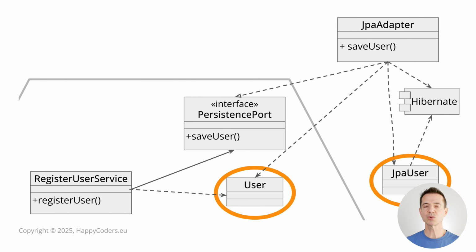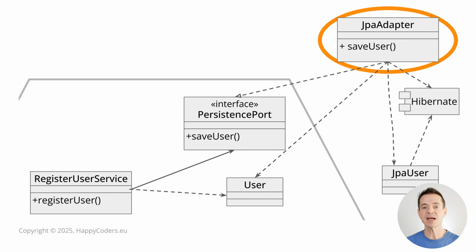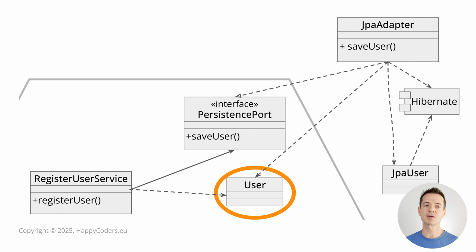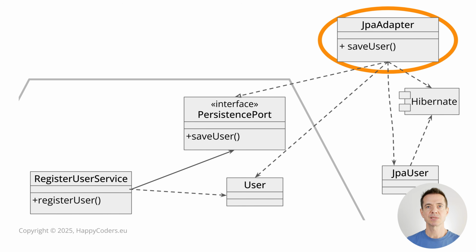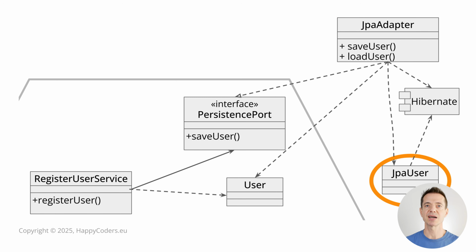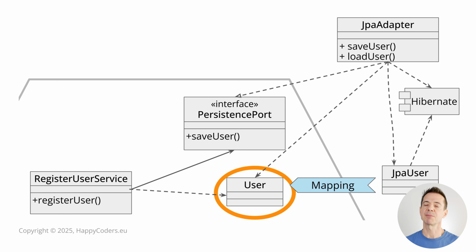So we have these two user classes, and now it is the responsibility of the JPA adapter, when the save user method is called, to map the user object from the application model to a JPA user object and then persist it via Hibernate. The JPA adapter, of course, also has a load user method, which loads a JPA user via Hibernate, maps it to an application user object, and returns it to the calling code in the core.